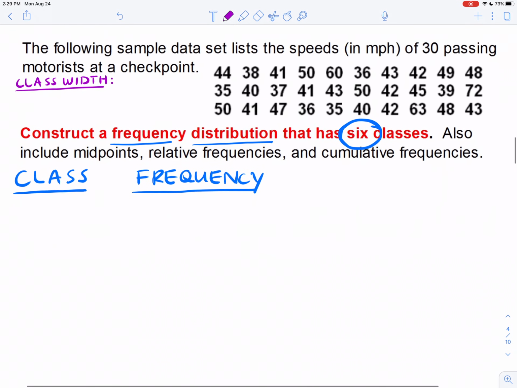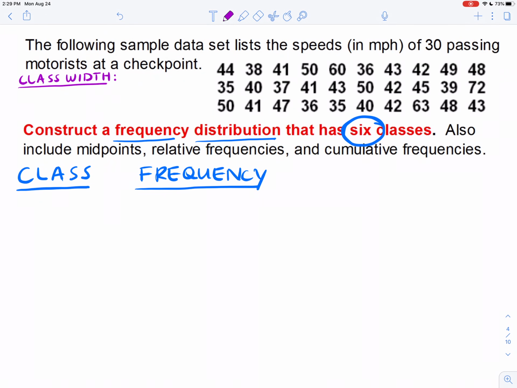All right, so let's do that here. Our maximum data value is a speed of 72 miles per hour. Our minimum data value is a speed of 35 miles per hour. That's our range, max minus min. And then I'm going to divide this by the 6 classes that I need to have in my frequency distribution. Now, if we calculate this and look at our exact value, I take 72 minus 35, divide that by 6, and I'm getting a value of 6.16 repeating, essentially.